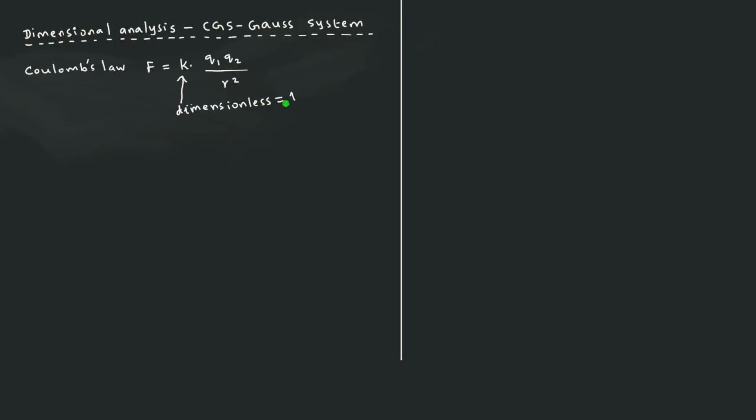Contrasting to this, if you redo this observation in the SI unit, we have also seen that the constant is a dimensional parameter. That means it will have some dimensions. So we will see what is the consequence of this. We will write down the dimensions on both sides of this equation and then look at the situation.